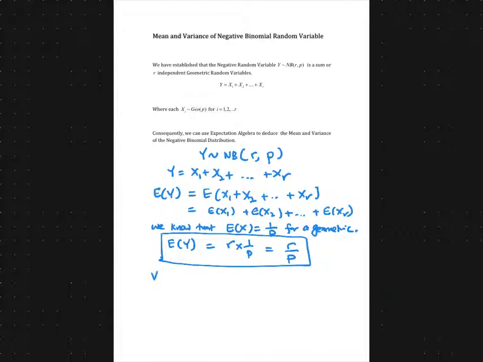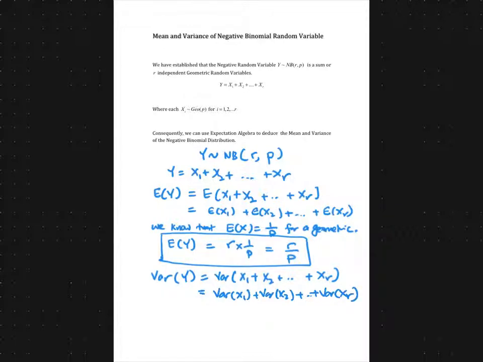Its variance is similarly variance of X1 plus X2 and so on up to Xr, and since X1, X2 all the way to Xr are independent random variables, we therefore have variance of Y equals variance of X1 plus variance of X2 and so on, plus the last term variance of Xr.